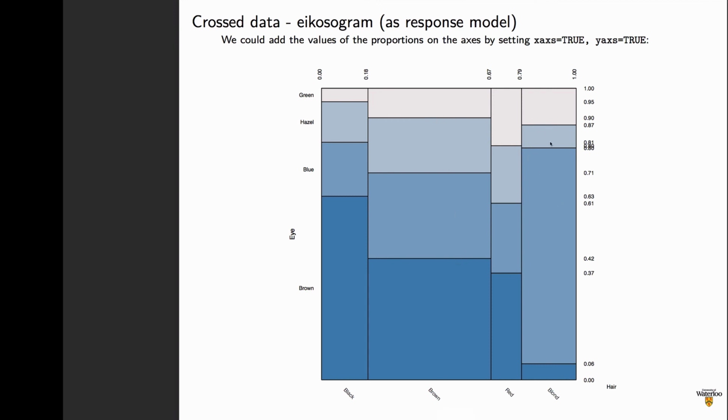So the height of any one particular block is found by calculating the difference between the two heights. The eikosogram is showing the joint probability of these two categorical variates by specifying one as a response and the other as the conditioning variate. One has its marginal distribution and the other has the conditional distribution displayed. We'll talk more about eikosograms in the next lecture.